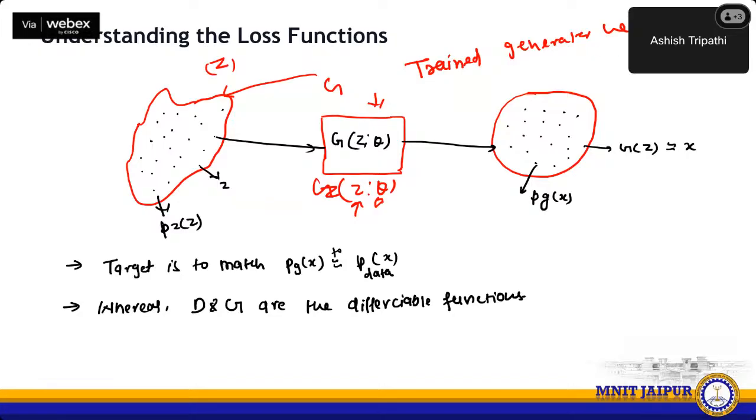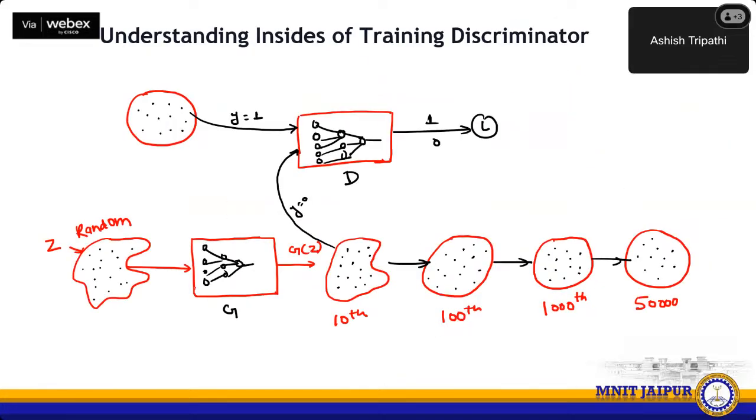What will be the training set for G? The training set for G is the noise. The generator starts training from these noise samples only, as I have already discussed in the previous slide. I am repeating it again. With the course of iterations, it tries to improve this noise distribution and make it very close to the actual data distribution.